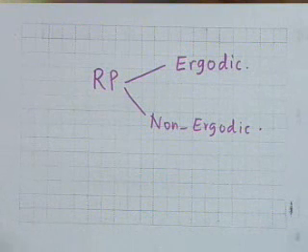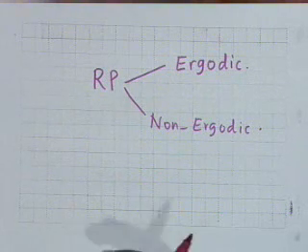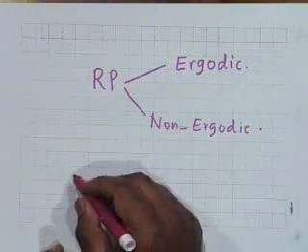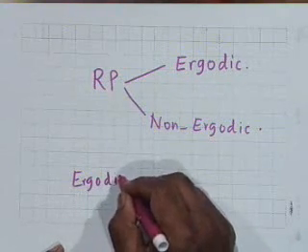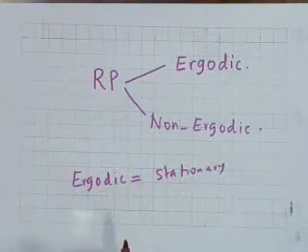But for our purpose, we define an ergodic process as a stationary random process, that is, the probability density functions are independent of time origin, in which the strict definition is almost all members of the ensemble have the same statistical characteristics as that of the ensemble.